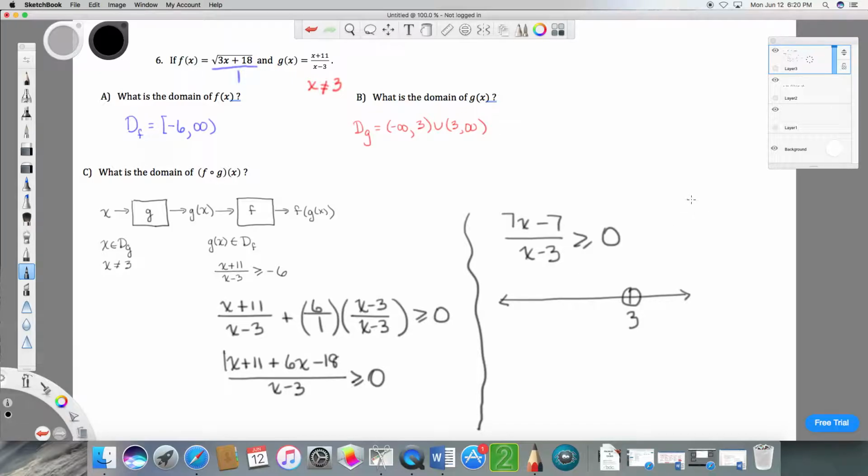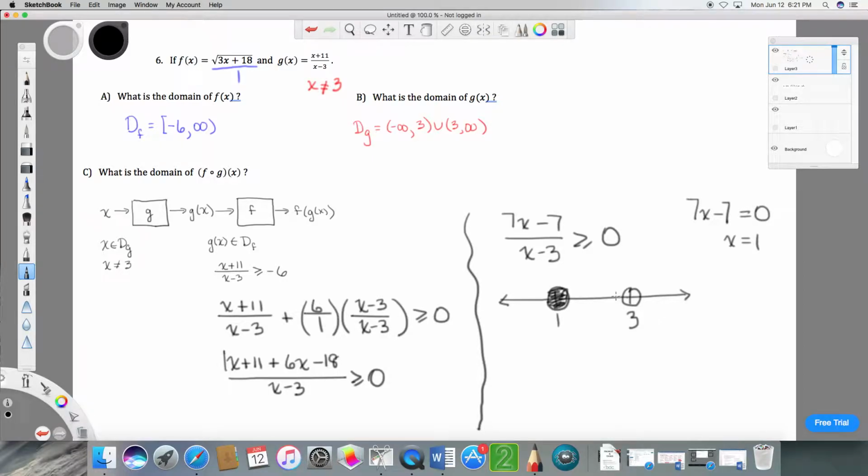If I look at the numerator, 7x minus 7, and I temporarily set it equal to 0, this has a solution of x equals 1. Now, to determine whether I want to shade in the value for 1, well, I look to the inequality. And I see that it's greater than or equal to 0. It's that equal part that makes me shade this in.